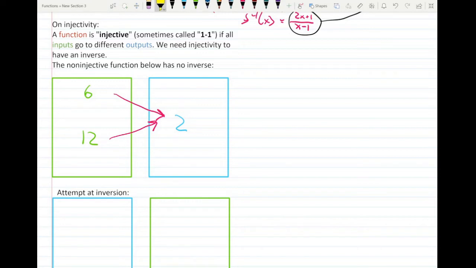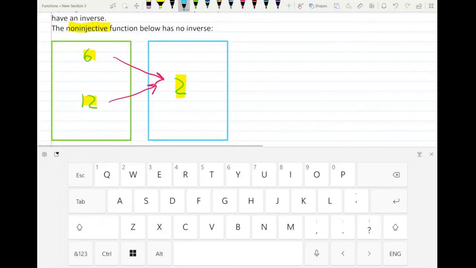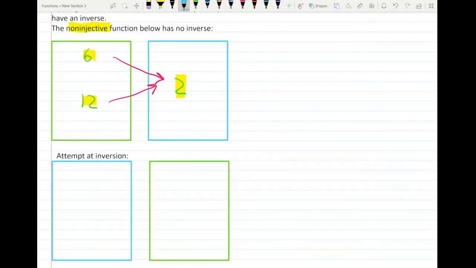This function below is not injective, all right? This is because 6 and 12 both map to 2. And so not every input goes to a different output. Why is this a problem? Well, if we were trying to invert this, and we had 2 in our domain, well, now our codomain has 6 and 12.